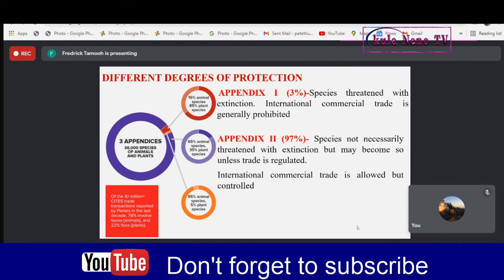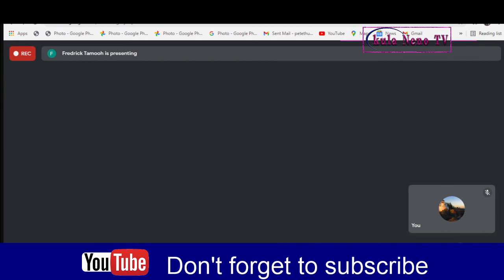So trade in Appendix 1 and Appendix 2 species is allowed, but it has to be highly controlled. That's why we have these conditions for the period of clearing of the stockpiles. And after clearing of the stockpile, there is a stop, or a ban on trade in those particular species.